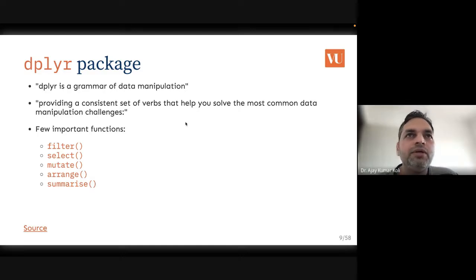And to calculate summary statistics, we can use the function summarize. One more function we're going to use is group by. That is also a very important function: grouping all the data values based upon one particular variable. There are several functions in dplyr, but these are some of the most important and basic functions which we can use to really get our data ready for the analysis.